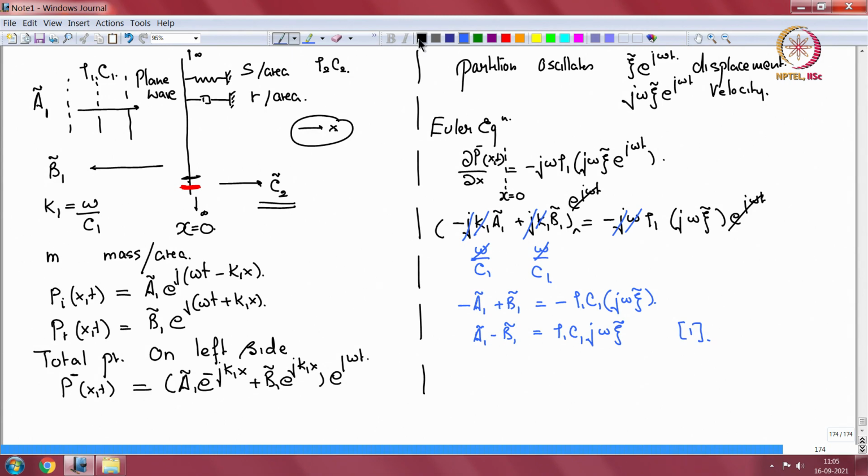Now the pressure on the transmitted side, P plus, let us say, is equal to the amplitude on side 2, C tilde, e to the power of j(omega t minus k2 x). Because the medium is different, the wave number is different.